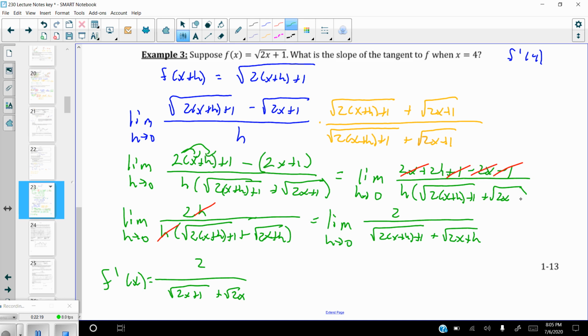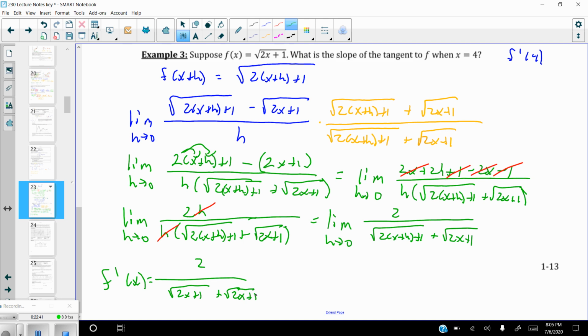I knew something wasn't right there. That should be a 2x plus 1. This one right here should also be a 2x plus 1. So hopefully you caught that. If not, it's not that difficult to change. Just erase that real quick. There we go. And that makes that a 2x plus 1.